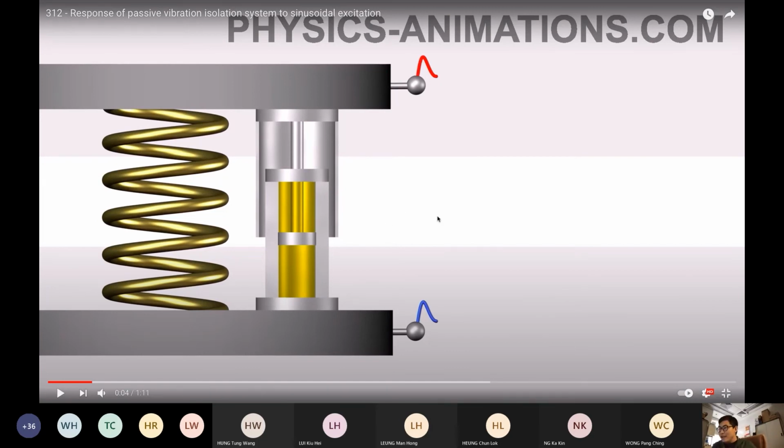Can you see a picture here? Okay. In this picture, we have two parts. One is input. 蓝色的是 input. 红色的是 output. This is the spring. This is a damper. This is a mass.